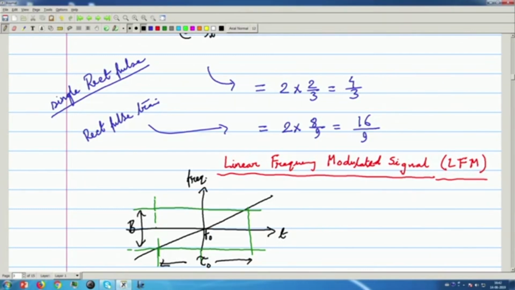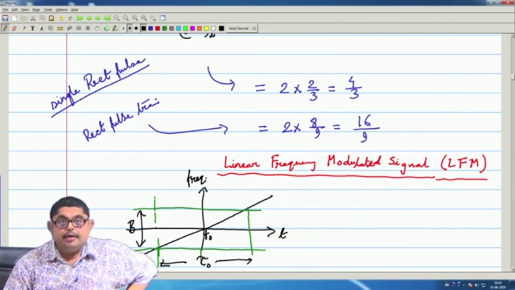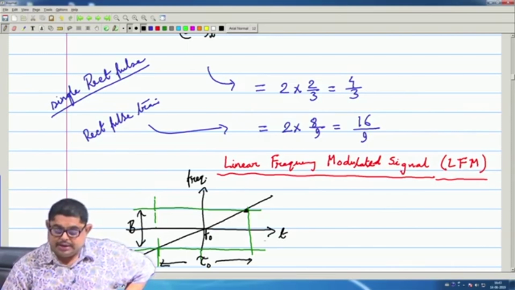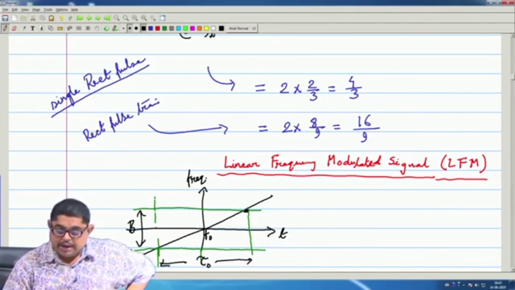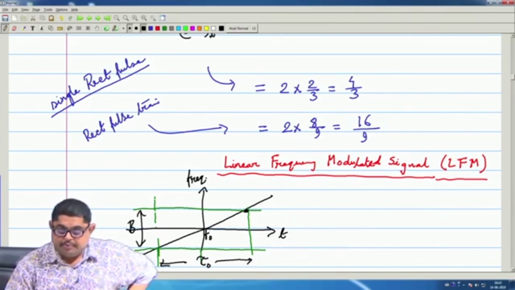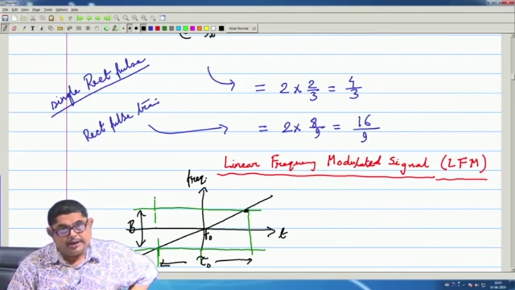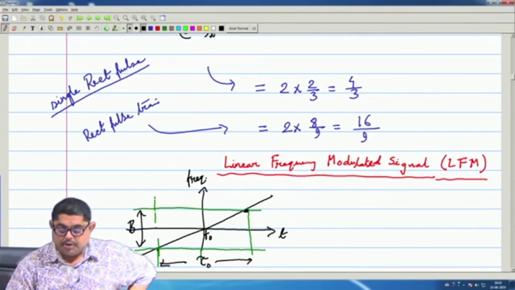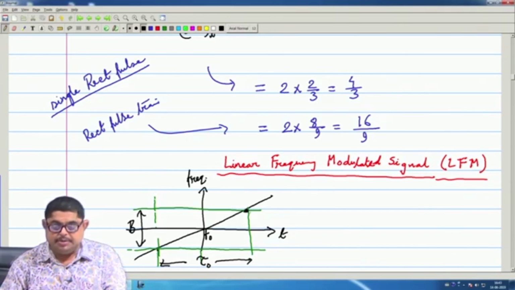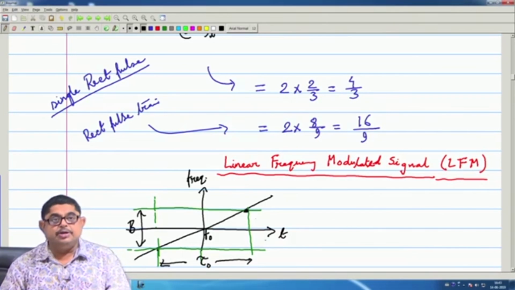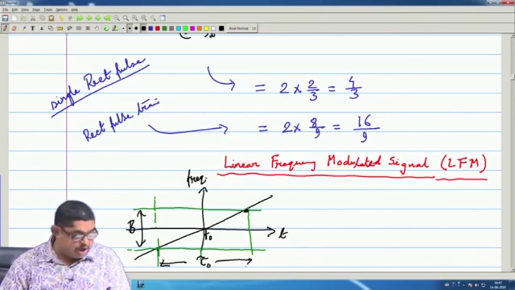Now, suppose the signal at 0 time has frequency f naught, then with a constant slope the frequency is increased to f naught plus B by 2, and in minus time it is decreased at the same slope down to f naught minus B by 2. Or I can say that from f naught minus B by 2 to f naught plus B by 2 it changes. That means the bandwidth of the signal is B in a time tau naught.